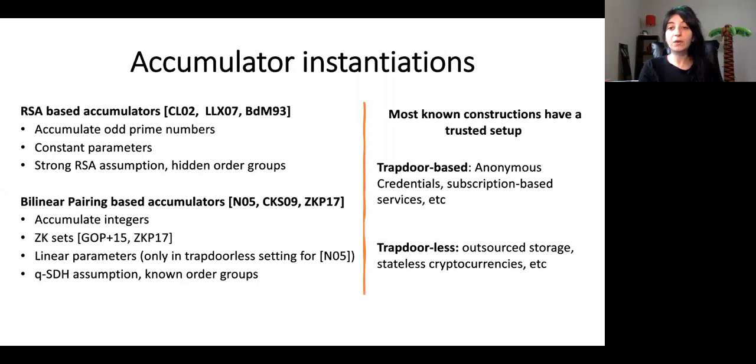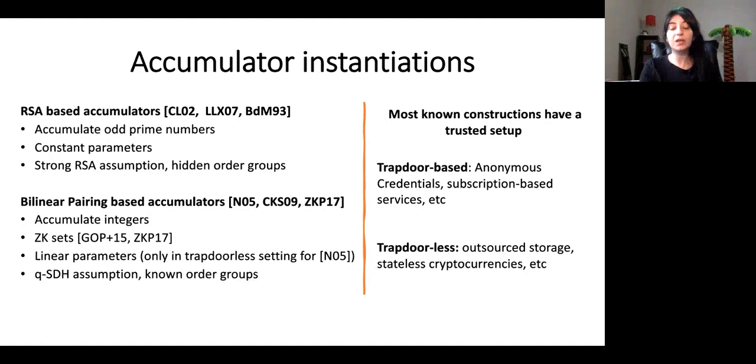We have the following settings. We have the trapdoor-based setting, where the manager holds the secret that was used during the setup. This is the one I presented to you already, and some applications for that would be, for example, anonymous credentials or subscription-based services, as we discussed. Another setting is the trapdoorless setting.